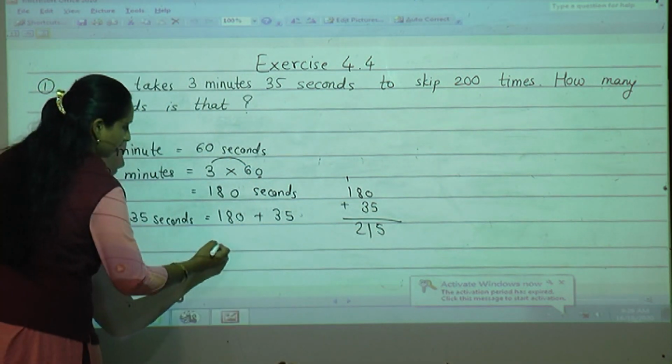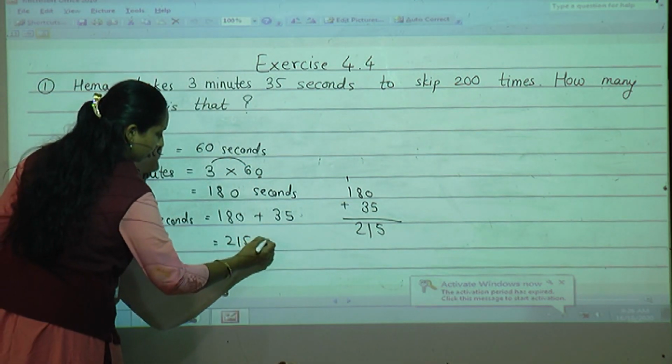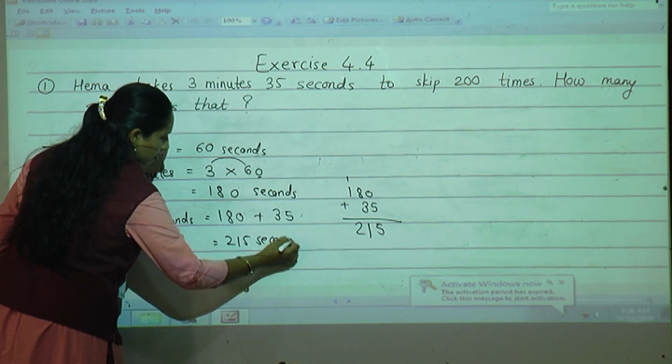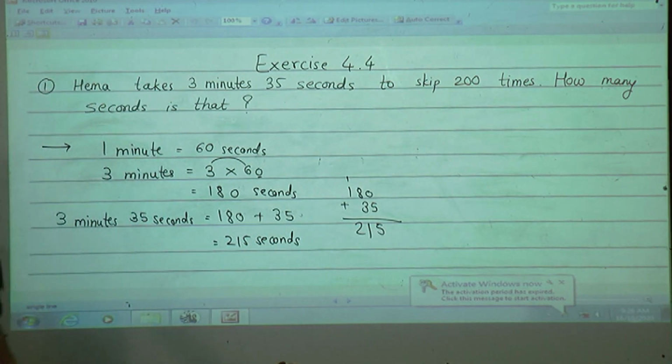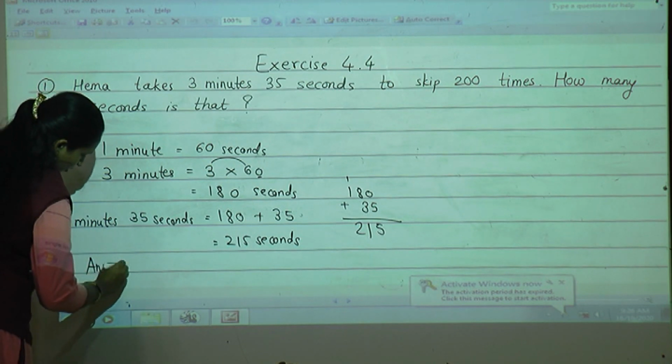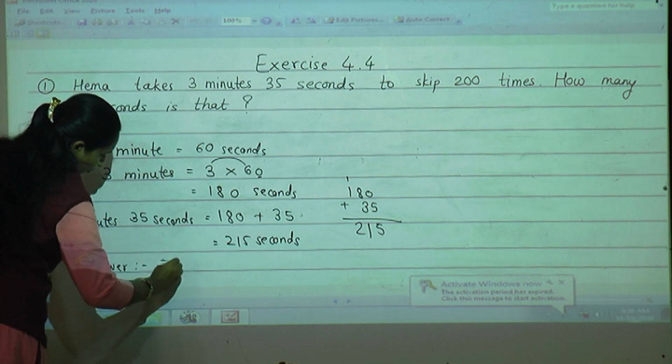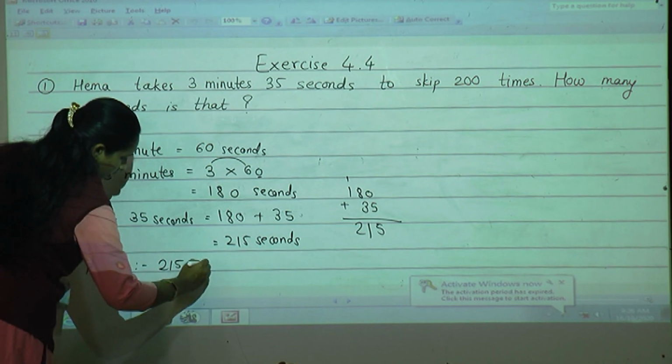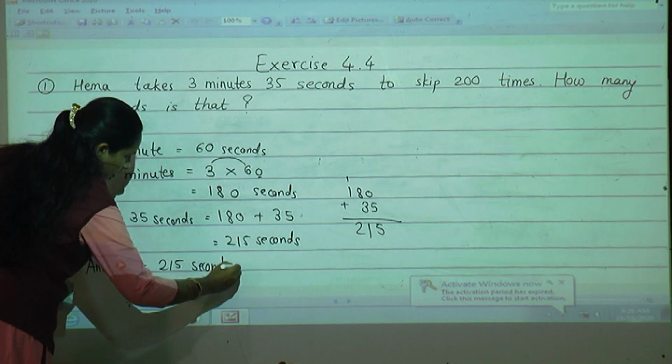So what is the answer here? 215 seconds. How many seconds is that? Yes, total. So write your answer: 215 seconds.